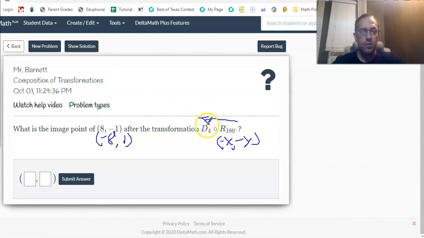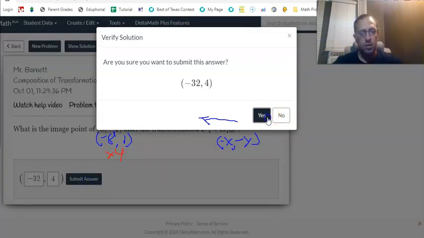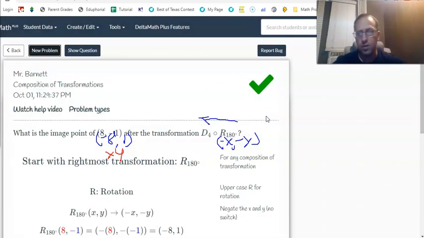D4 means I'm going to dilate with a scale factor of 4. So I'm just going to take this times 4. Negative 8 times 4 is negative 32, and positive 1 times 4 is just 4. Let's submit this and see if it's right. Yes, and there it is.